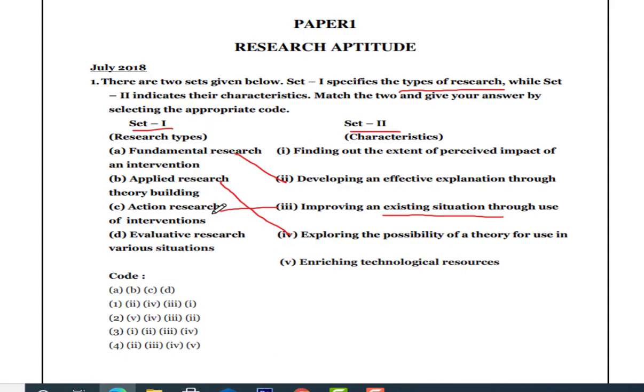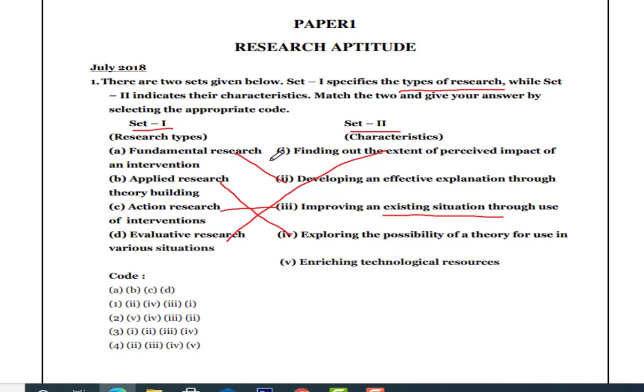And then we find out how effective that medicine is, and that is called evaluative research. Evaluative research is finding out the extent of perceived impact of an intervention, that is, what is the impact of that particular medicine.